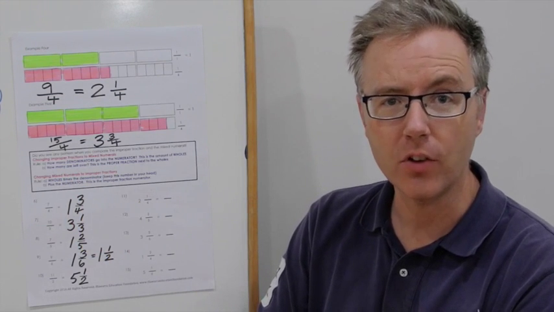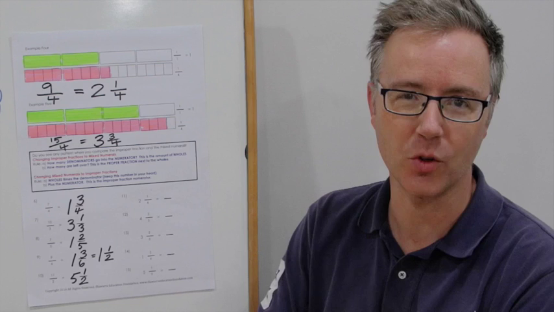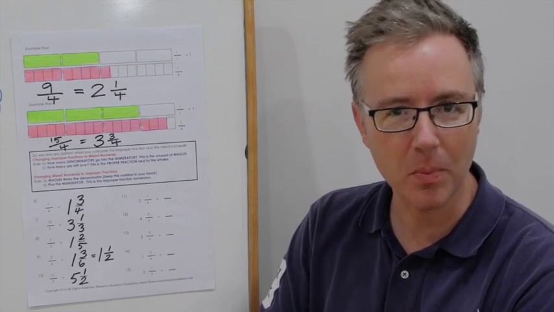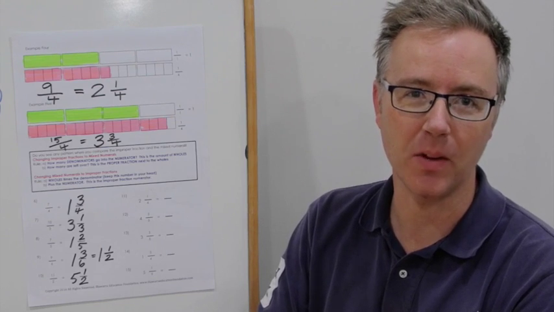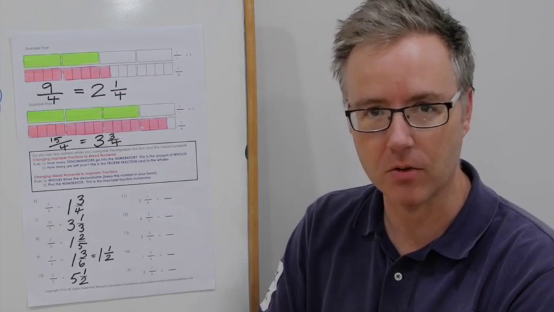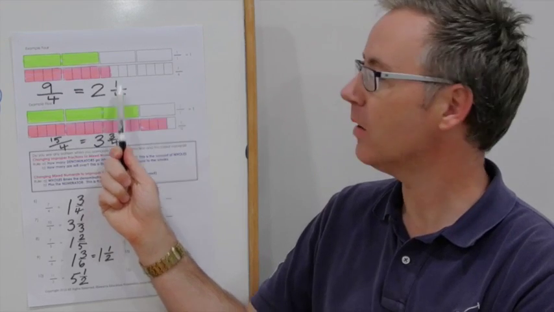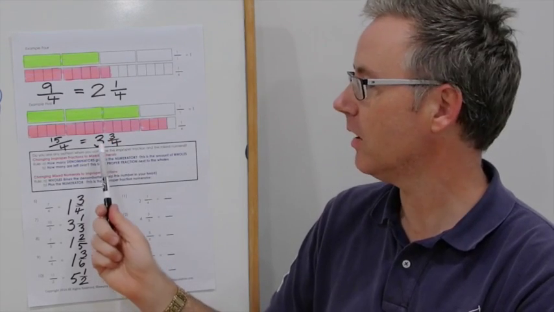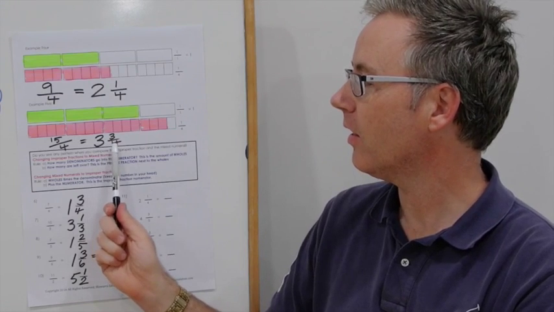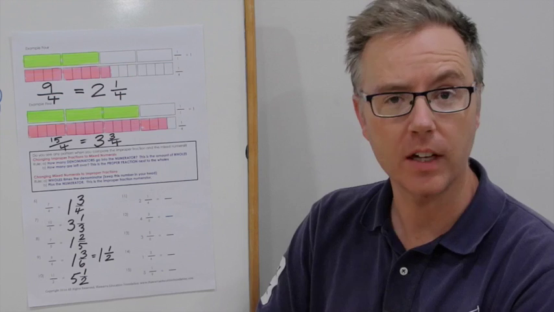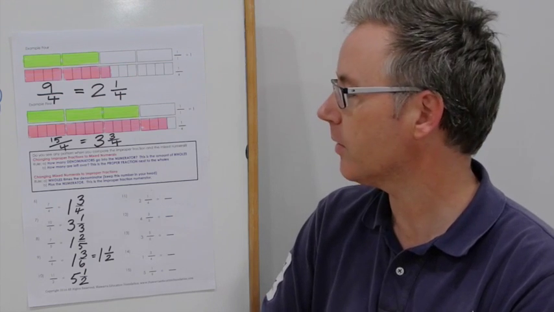So if the first rule converting from an improper fraction to a mixed numeral is division, the inverse or opposite operation is going to be used when we go the other direction. So 2 4s are 8, plus 1 is 9. Example 5, 3 4s are 12, plus 3 is 15. So let's have a look at the rule inside the box.